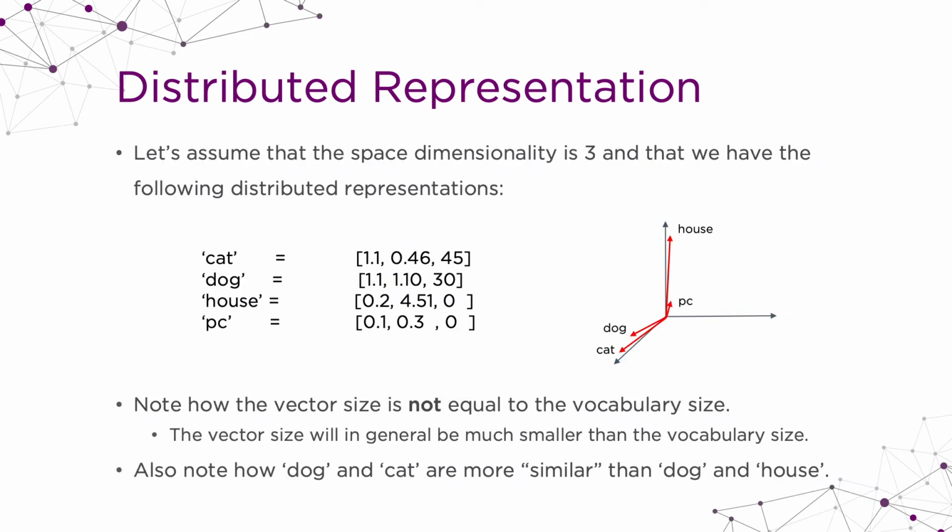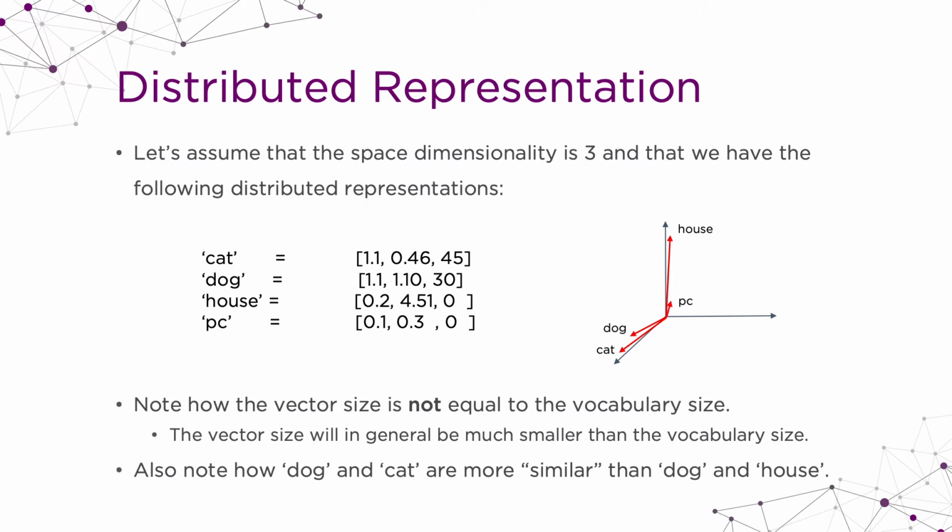You can see this with an example. Let's say that we go back to the previous example where we had cat, dog, house, and PC. And now the representation can look like this. You see that instead of having all zeros and one, we now have values. These values represent some things that for now we don't know.